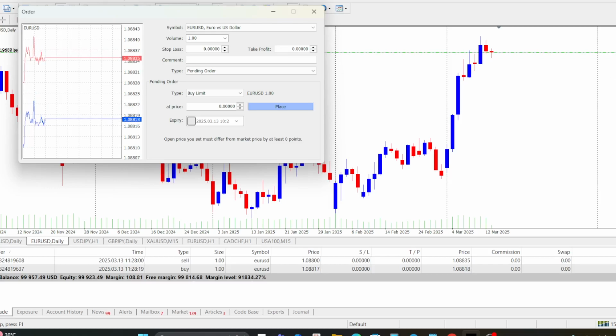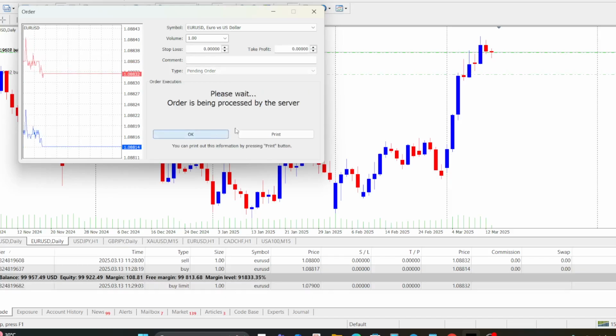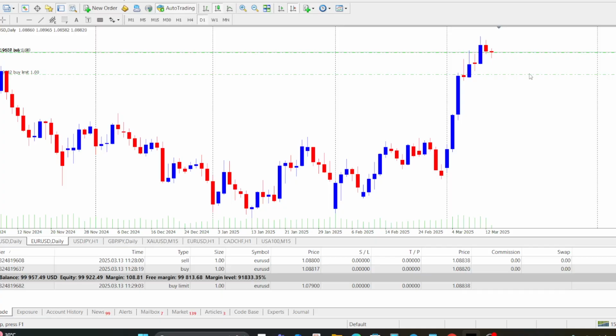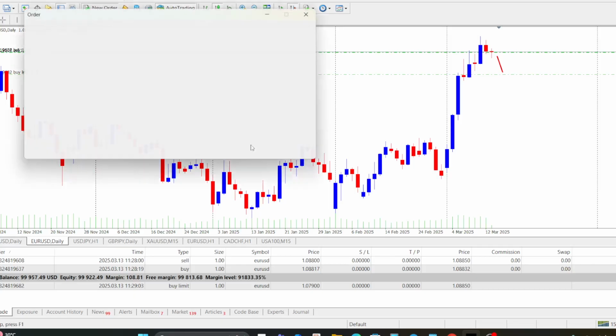You would set a buy limit order at 1.079, and then you click on place. You can see that a buy limit has appeared at that price level. If the price continues coming down and reaches this level, your trade will get executed automatically.